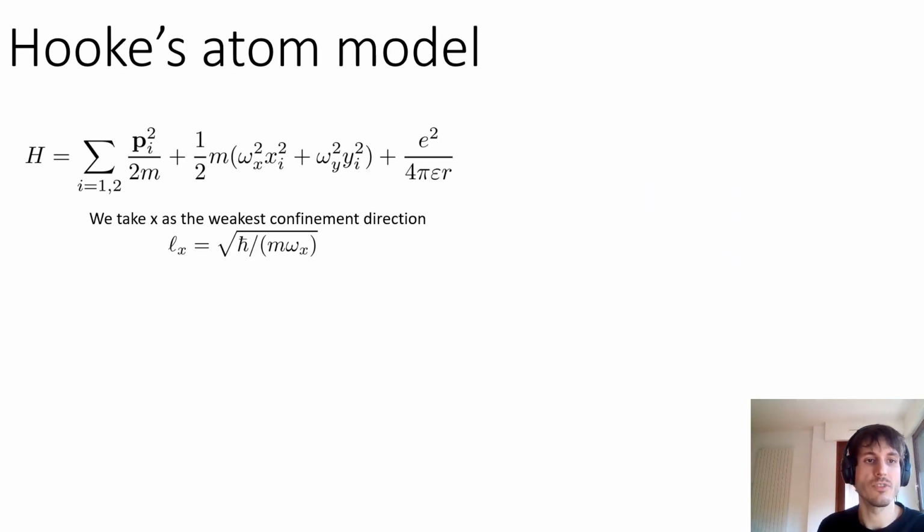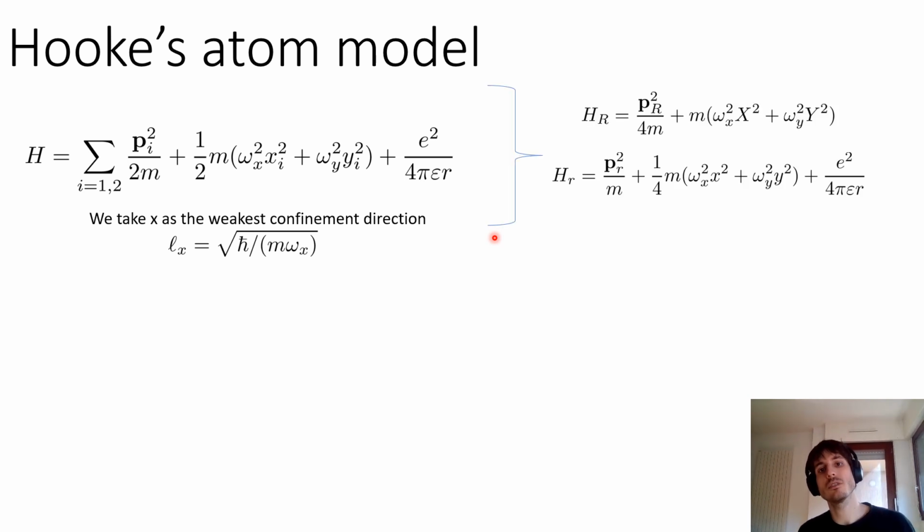So here we have this very simple model, which is called the Hooke's atom problem. And you have basically two particles in a harmonic confinement with the Coulomb repulsion. As a general rule, we will take x as the weakest confinement direction. And the relevant characteristic length of our problem is going to be this harmonic confinement length along the weakest direction, which we call Lx.